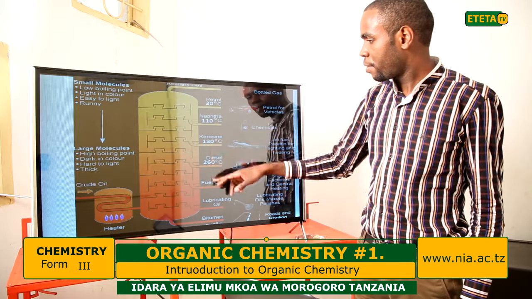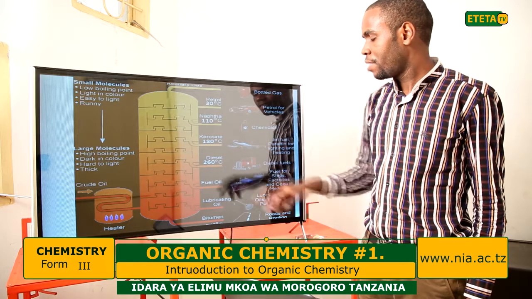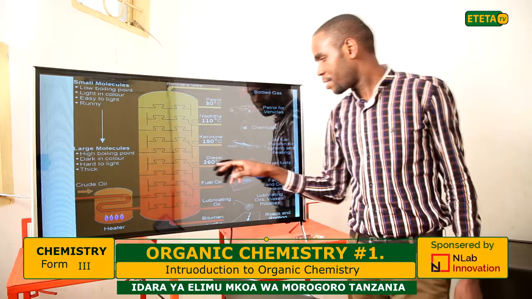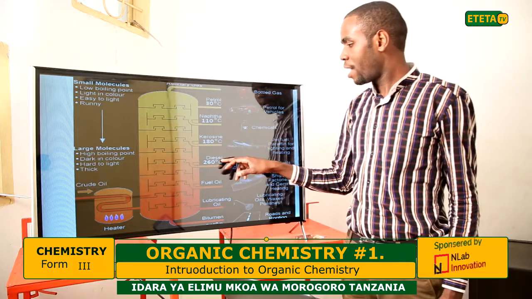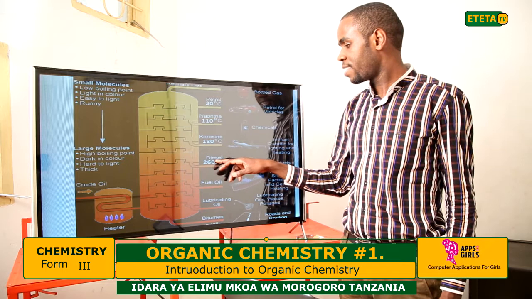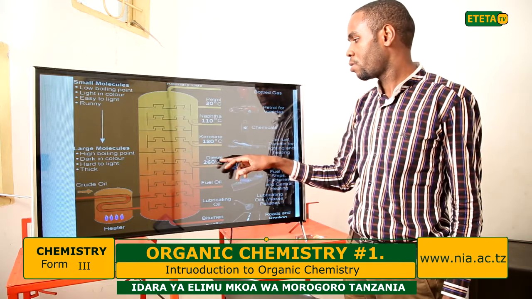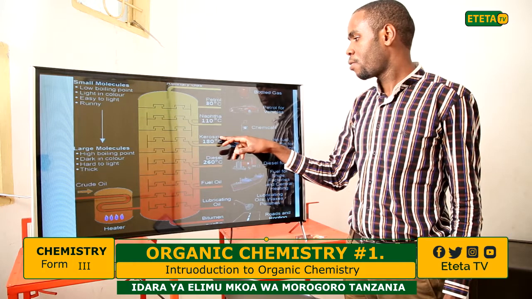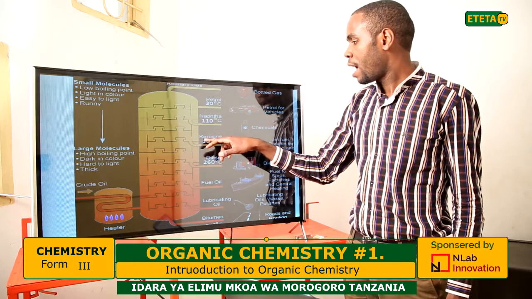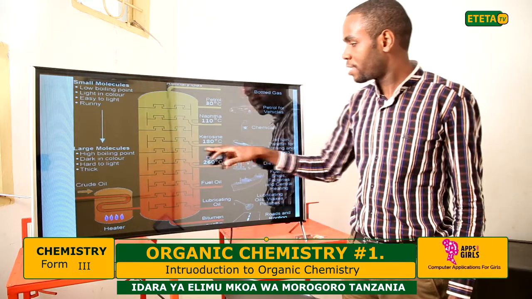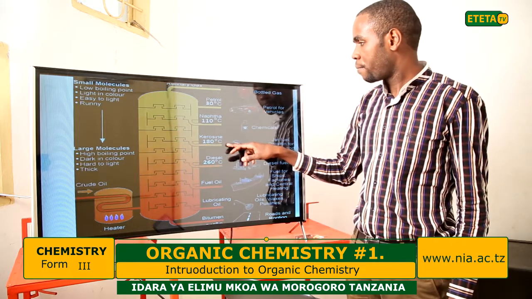As you rise up, the temperature decreases. The diesel here can cool at a temperature of 260 degrees centigrade, so it is collected in this pipe here. Also, kerosene cools at a temperature of about 108, so it will be collected through this pipe.